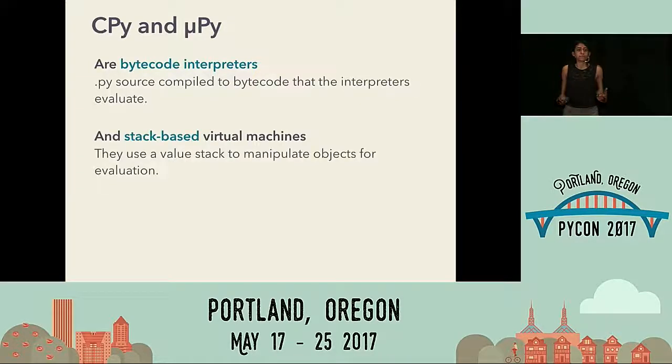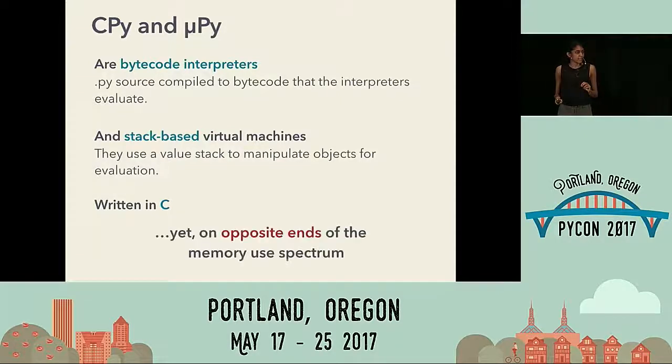They're both stack-based virtual machines. If you don't know what these words mean, it doesn't matter. The idea is the interpreter pushes and pops values off a value stack. And finally, they're both C programs. So they're fairly similar. And yet, despite that, they're practically on opposite ends of the memory use spectrum.